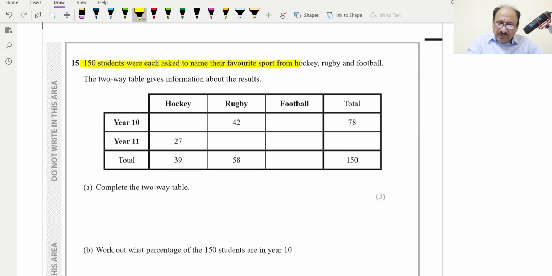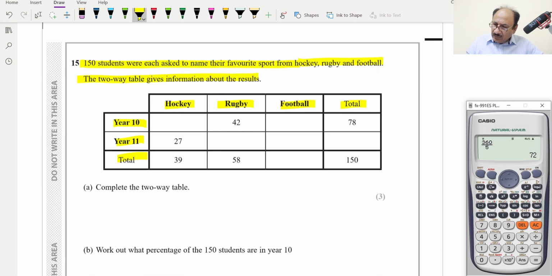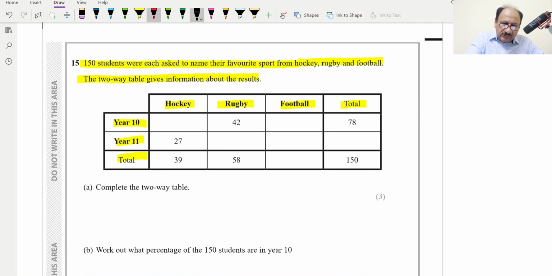each asked to name their favorite sport from hockey, rugby and football. The two-way table is this one, so we have to complete it. Basically these are the years, total, hockey, rugby, football total this side. So this is adding up to 70. First of all we will check for hockey and year 10, so 39 minus 27 we will get 12, so this information is 12, we can write over here.